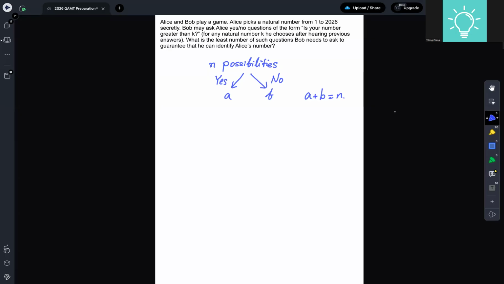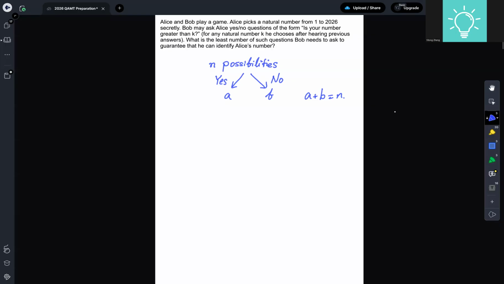So, of course, Alice can always answer in a way such that the number of possibilities is the bigger one out of the two, A and B, right? So what he can guarantee is that if he tries to make A and B as close as possible, then the number of possibilities is always going to be about roughly half after he asks a question.